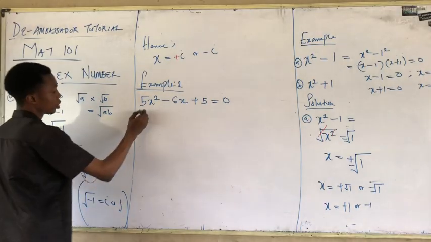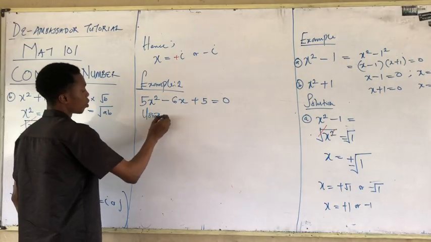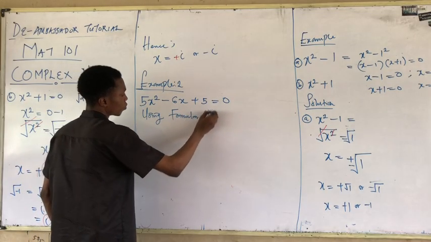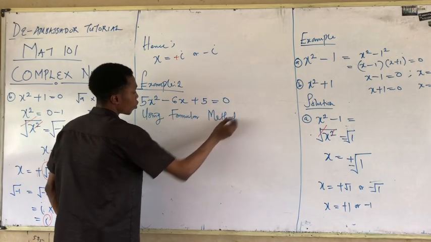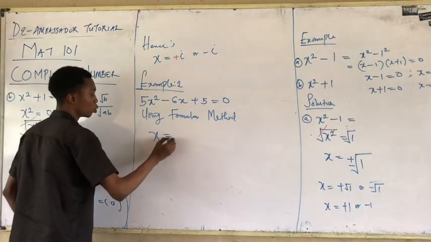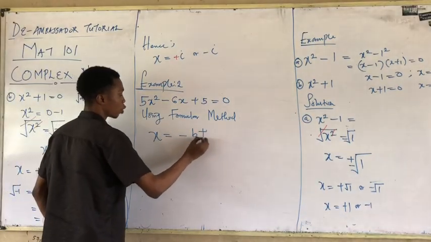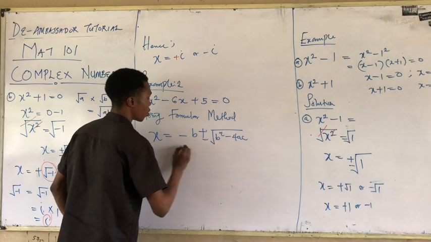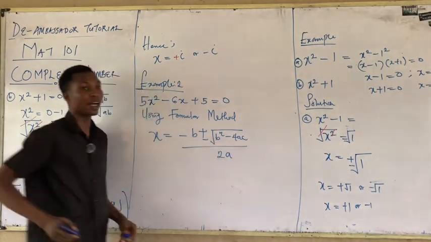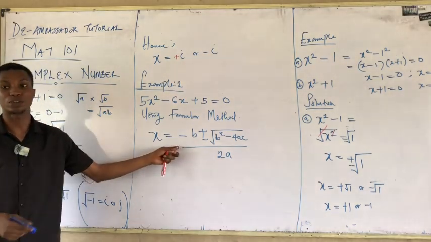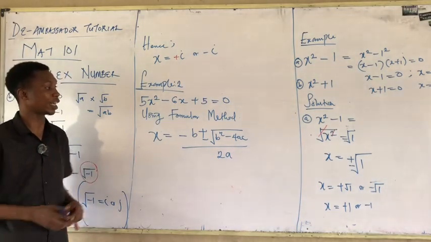Now, using the formula method, who can remind me what's the formula method for quadratic? x equals minus b plus or minus the square root of b squared minus 4ac, all over 2a. Had I been taking quadratic and symmetry, which is very important, I would have taught you how you can derive this. But let's leave that aside.